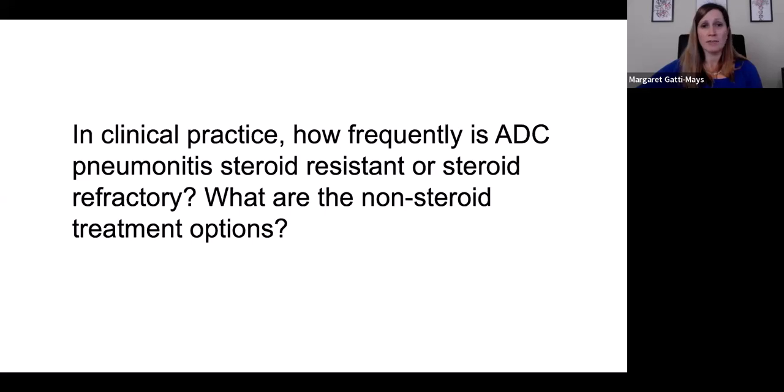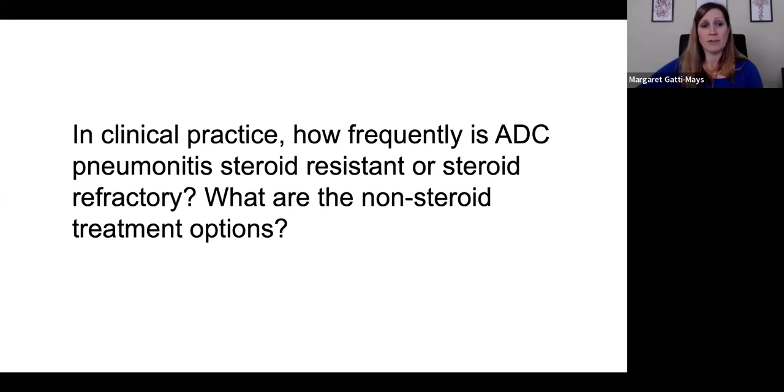I don't really think we have great guidance, even in the package inserts and in the clinical trials, about the non-steroid treatment options. Again, since this isn't like immune checkpoint inhibitors, I don't know how much mycophenolate, or IVIG, or infliximab potentially might help. I think obviously people are trying that because I don't think we have great data at this point to show really what to use.